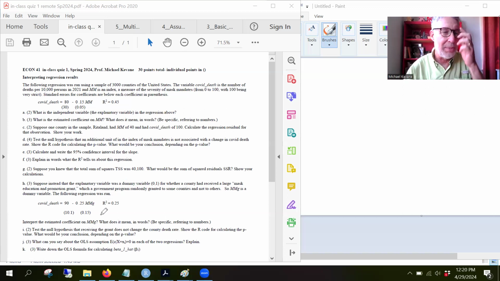Suppose the explanatory variable is binary. Now we interpret the coefficient as the difference between the 1 category and the 0 category. So counties that got these grants had 0.25 fewer deaths per 10,000 people than counties that did not get the education and promotion grants. That's how we interpret the coefficient. Here, the t-stat is negative 0.25 over 0.15, so its absolute value is less than 2.